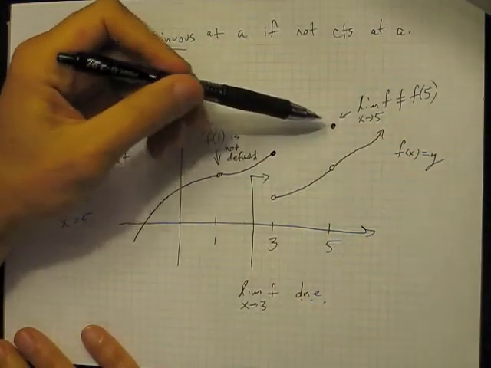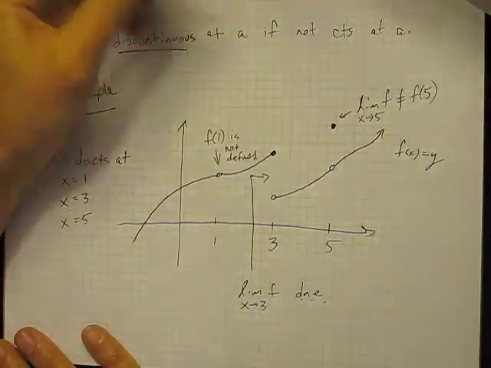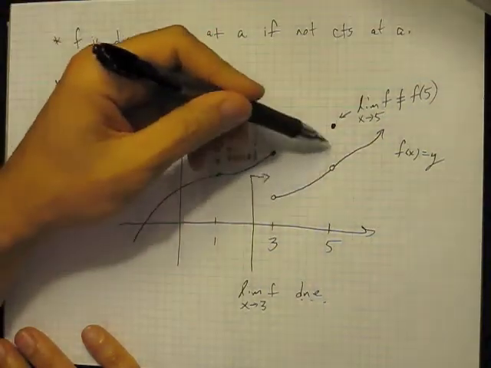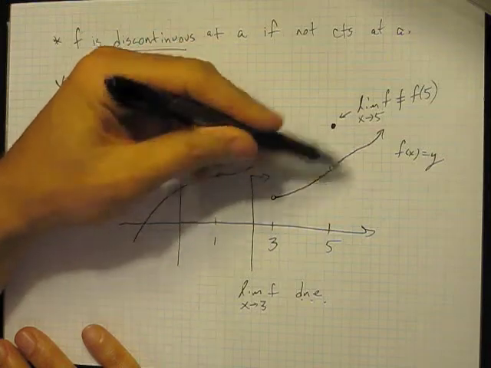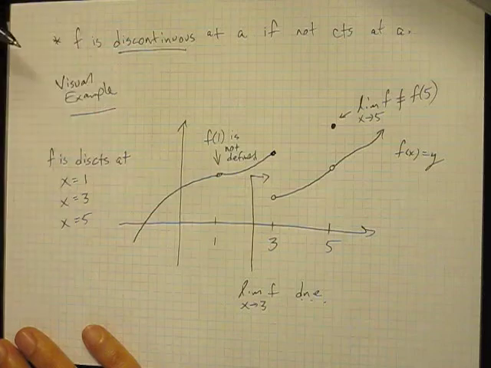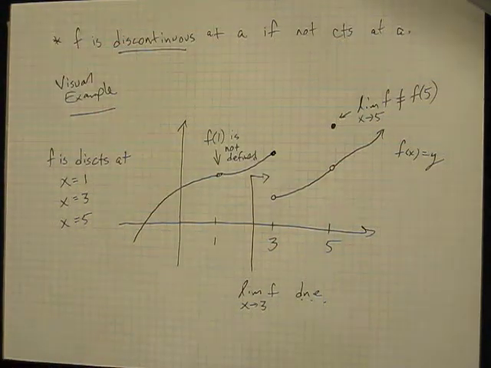Right? This height right here is f of 5. The limit, whatever the limit of f is, is that height right there. So in order for our function to be continuous at x equals 5, we would have to have that circle right there. Okay, so these are three instances where the graph tells us immediately that this function is discontinuous at these points here.